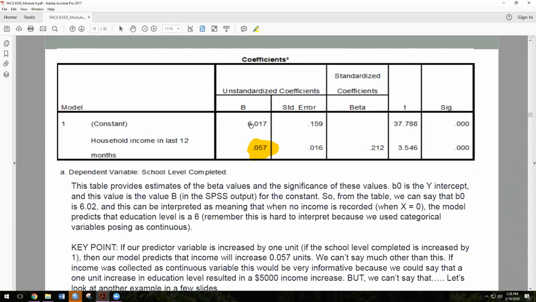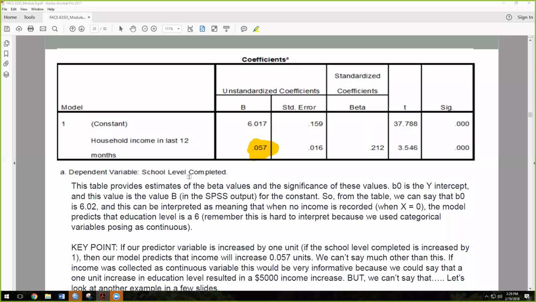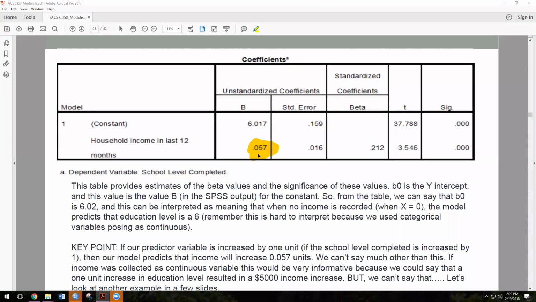And then for every unit increase in education level, I'm going to increase by, let's say, $1 or $1,000.